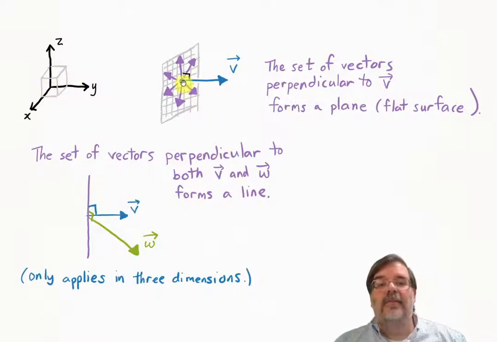And let's say you have a vector v that's pointing along the y direction. Turns out, again, there's lots of vectors perpendicular to v, but in this case you get an entire plane of vectors perpendicular to v. The collection of all these perpendicular vectors forms a flat surface.